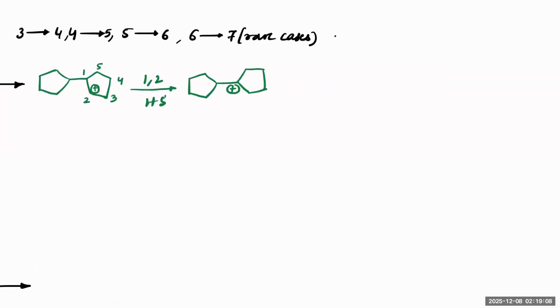And again, you can see the ring expansion can take place, bond breaking can take place here. It will attach, right? So now you can see this 5-membered ring has become a 6-membered ring.